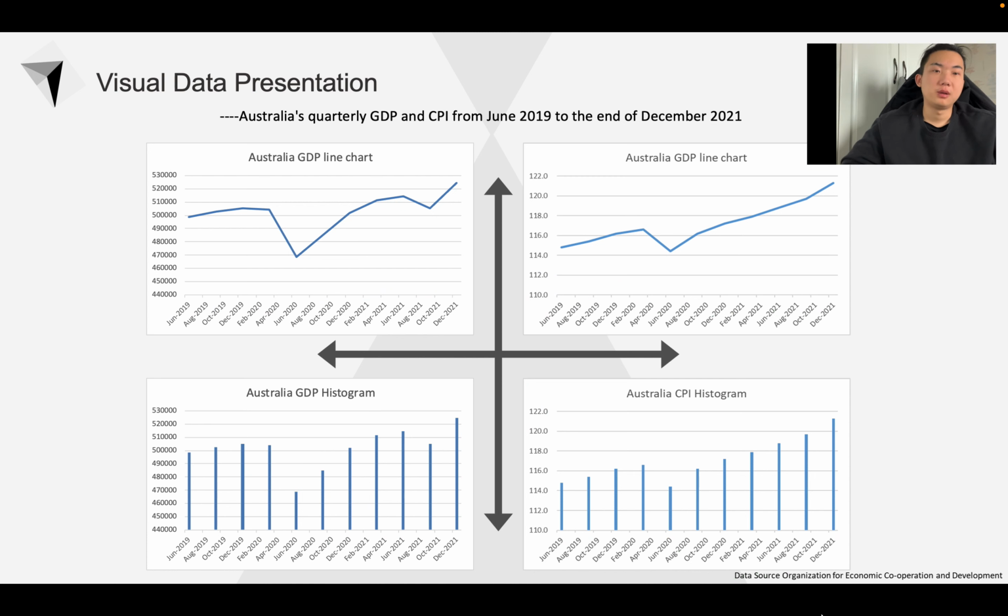It is clear from the line and bar chart of the data that both GDP and CPI show a relatively large downward trend in the COVID phase, especially around February 2020. At that time, the Australian government began to face up to COVID and began to control it, resulting in Australia's GDP falling by nearly 7% in the following months and the CPI falling to the same level as in 2019.